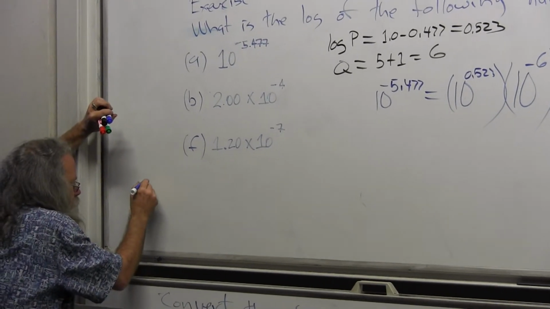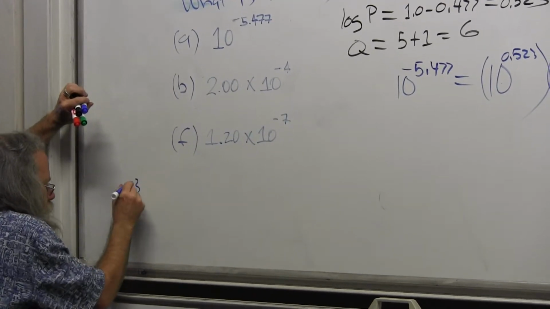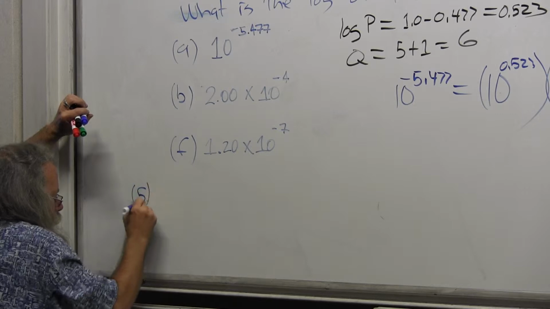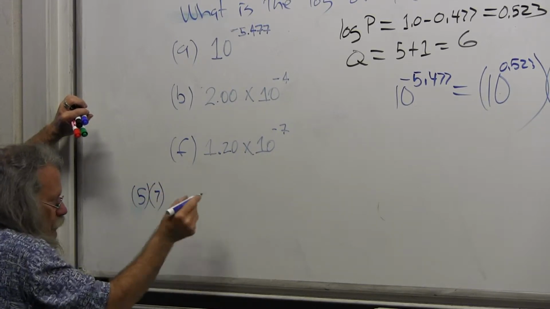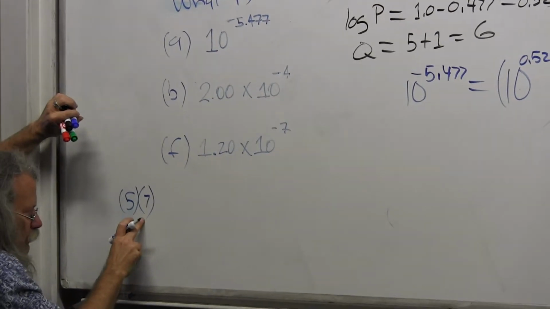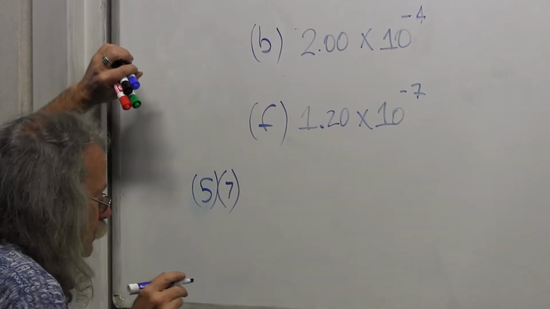Well, 3.5 is 5 times 7 times 10 to the minus 1. So I'm going to take the log of 5 and the log of 7, add them together and subtract 1 from the result.